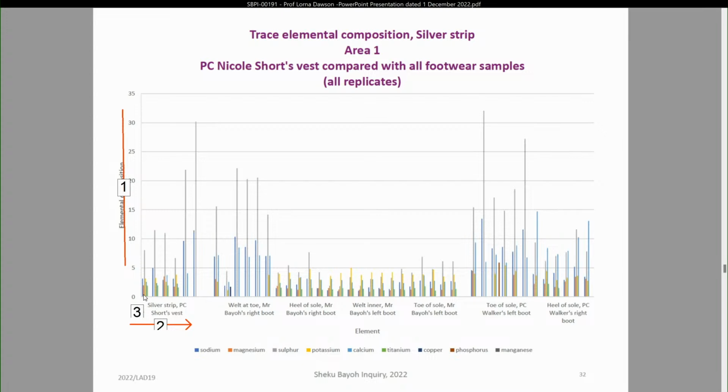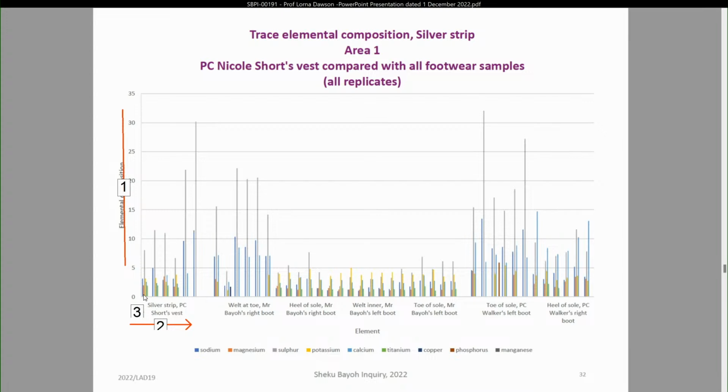It's always in that same order. For each of the 6 replicates, you can see each one of them potentially has any number of elements present, represented by different colours.